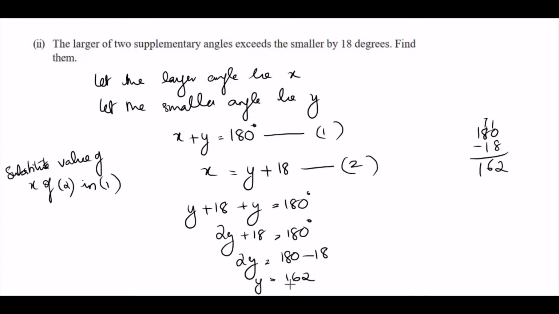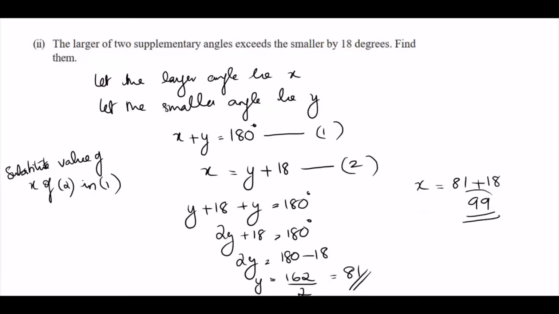So y is equal to 162 by 2, that is 81. So you got the y value as 81. Now substitute this y value in equation 2 to get the x value. So x is equal to 81 plus 18, that is 99. So the x value is 99 and the y value is 81.